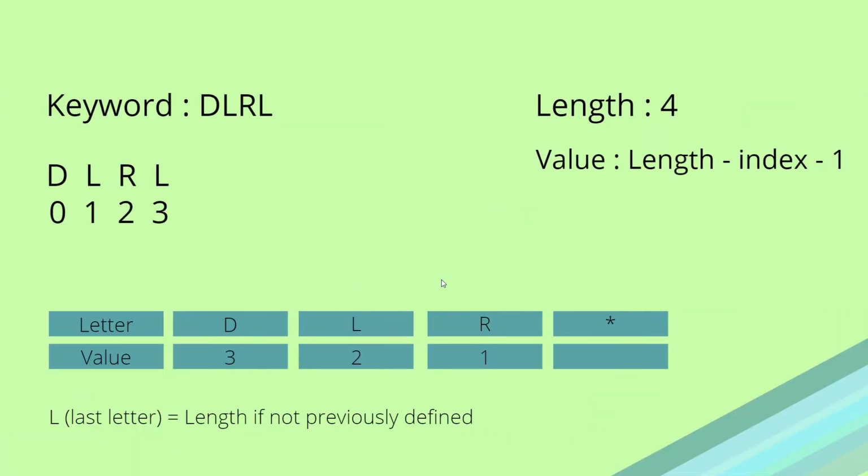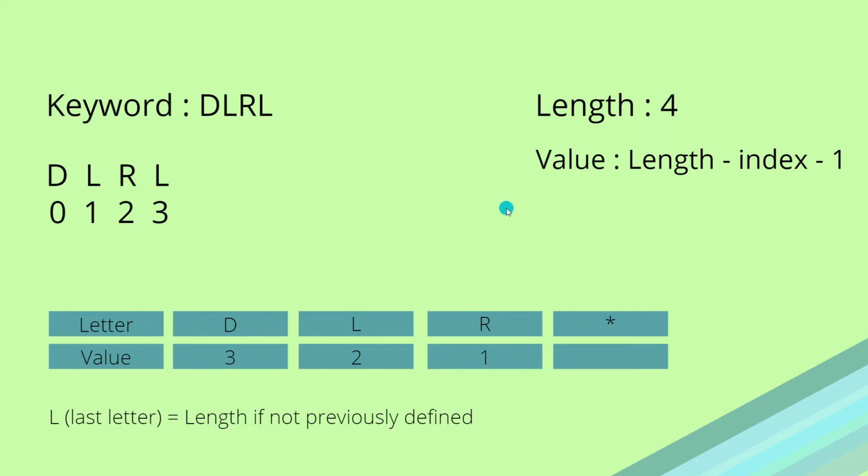Now, when we encounter L again in the keyword, it is repeated. And we also see that L is at the last position of the given keyword. Hence, we are supposed to give the length 4.